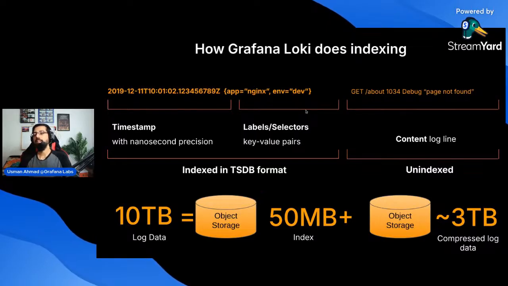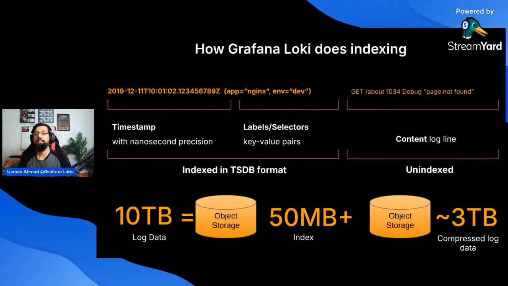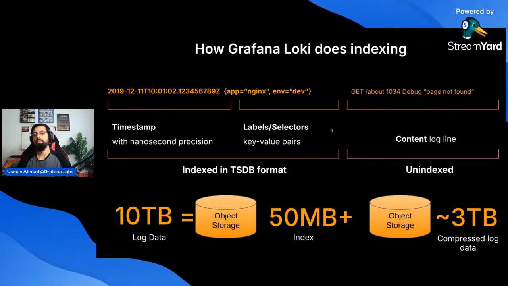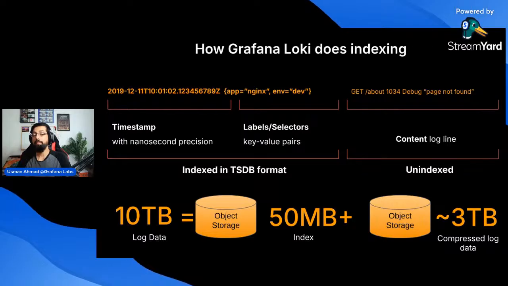Many of these traditional tools index the whole log line, so they index everything. Disk space and memory are cheap, but you still run out of disk space, or the application takes too much time to do this operation.